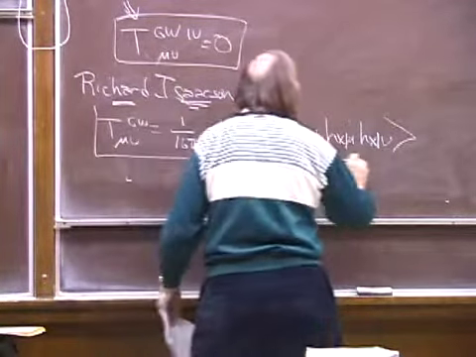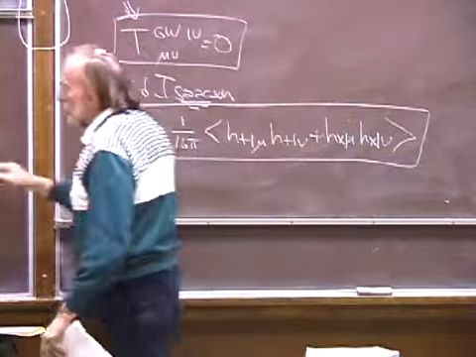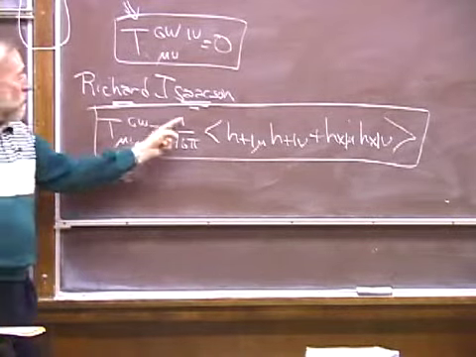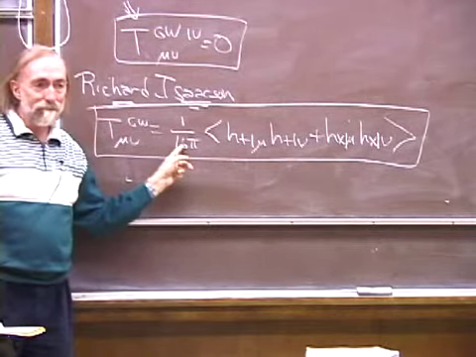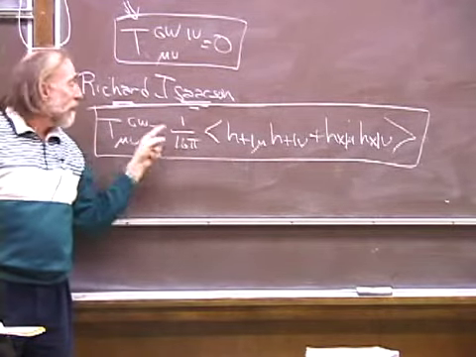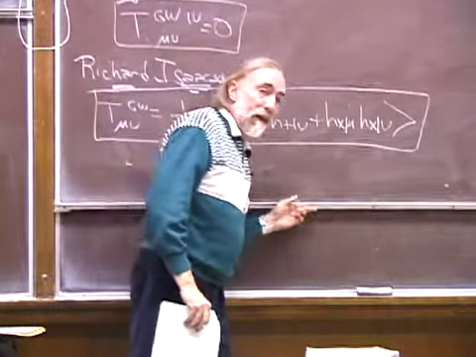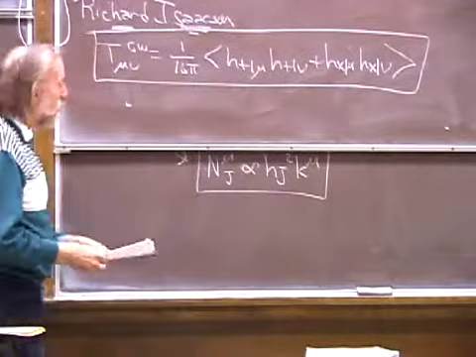So, which has just precisely the form that I argued it ought to have, and we find out the numerical coefficient. But it does involve this averaging also that I argued that we ought to have.